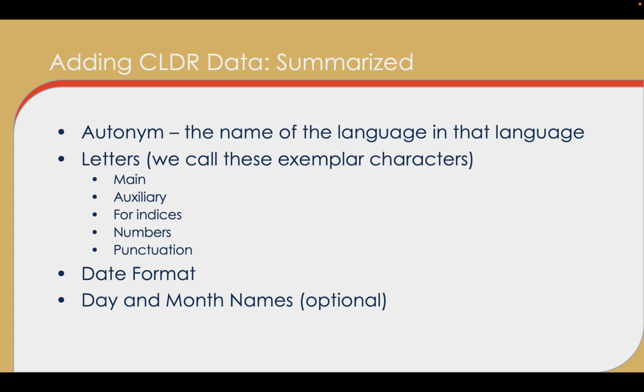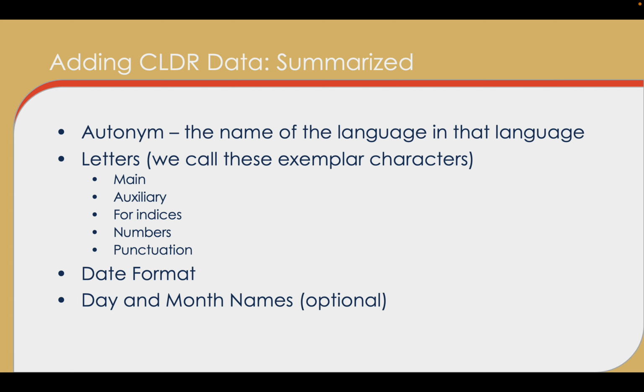Part of the CLDR data includes a place for all the letters of that language. And these are subdivided by CLDR into a few chunks here. There's a main set of letters, which is kind of self-explanatory. An auxiliary set of letters. Now, these can be historical letters. These can also be letters of other languages that might be used with the language in question.